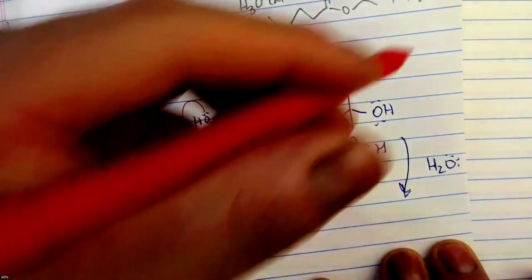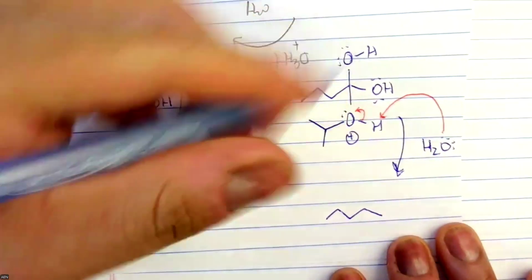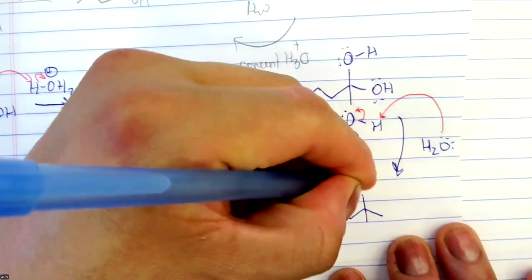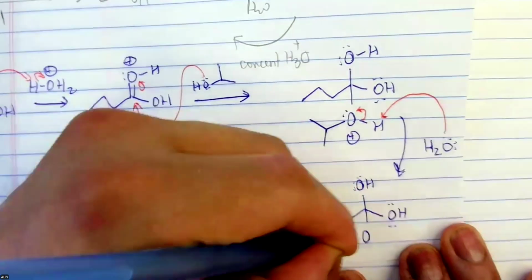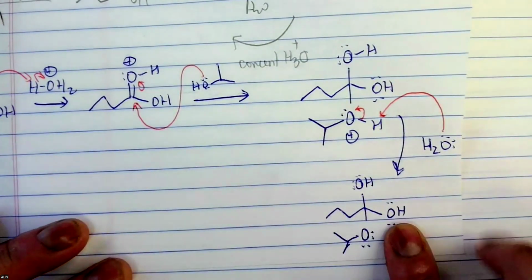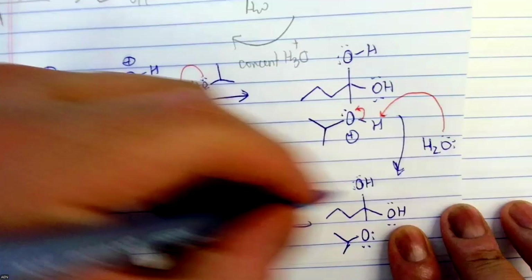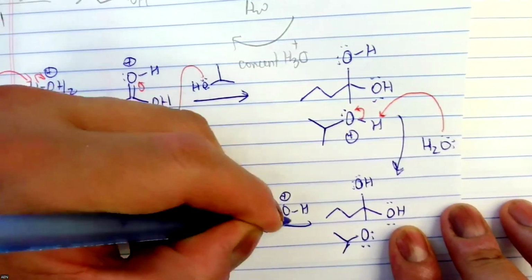The water can deprotonate that H. You get a neutral isopropanol, right? And I need to lose that OH or this OH, it doesn't matter. So I will do another protonation.